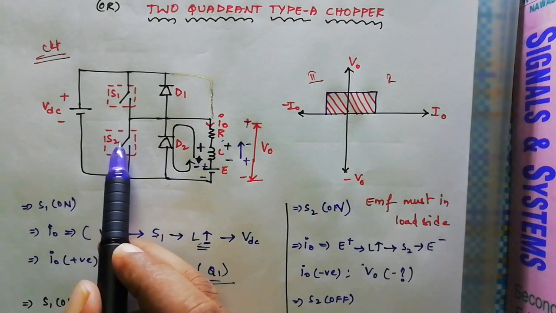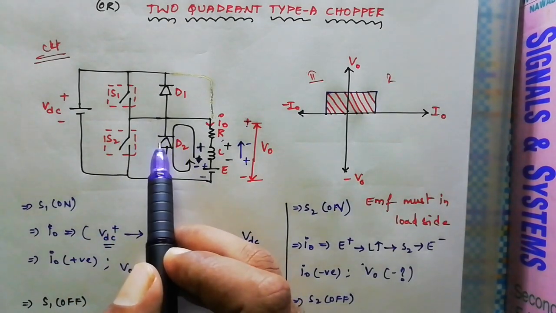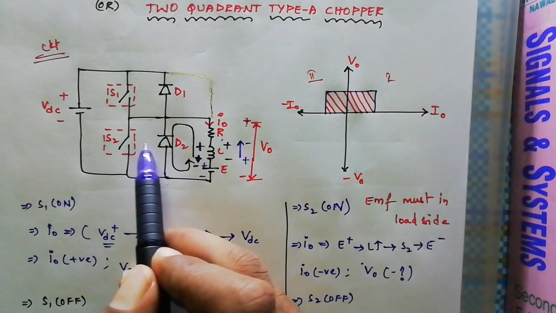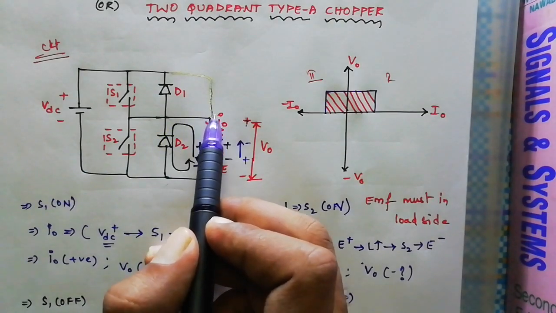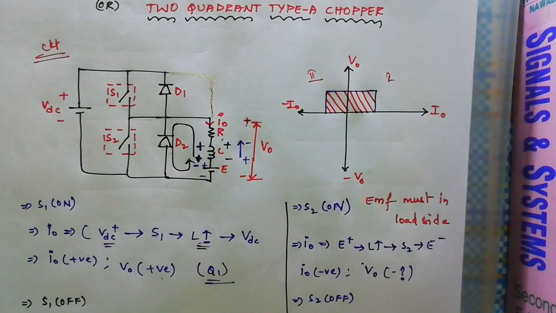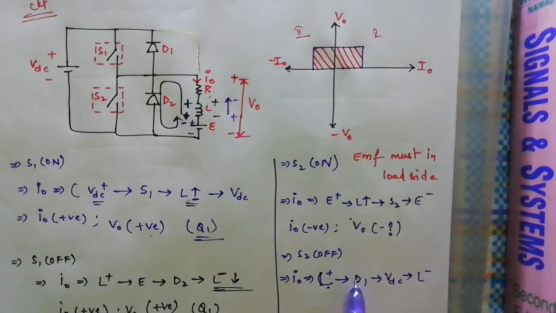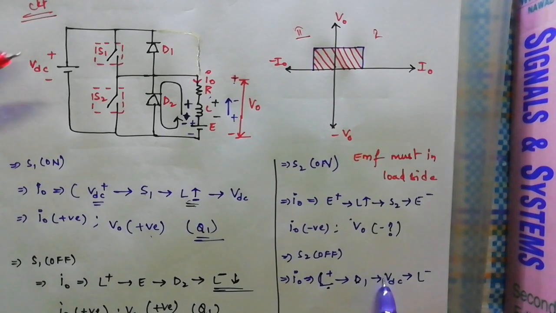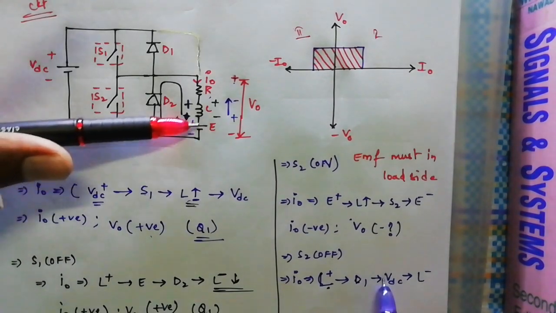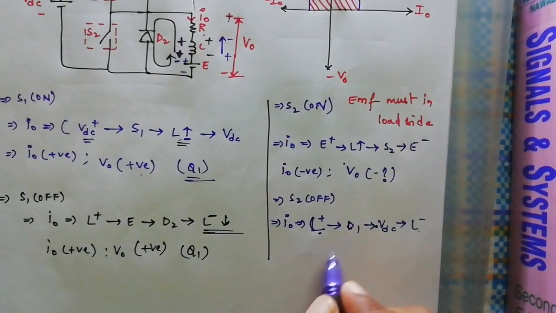Because here the switch is off, so infinite resistance, and the diode D2 is in reverse bias, so again infinite resistance. So it chooses the path from L to D1, D1 to VDC, and VDC back to the inductor.